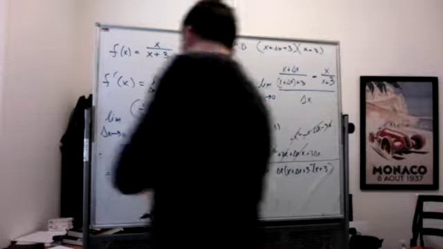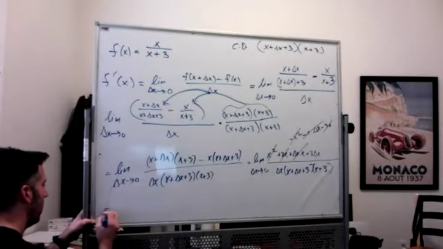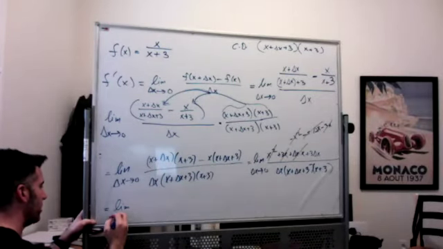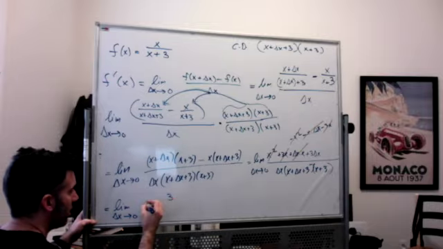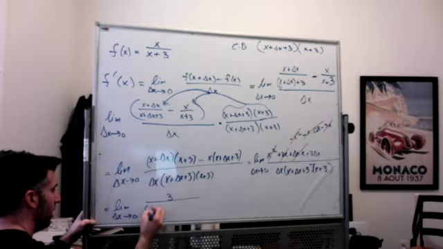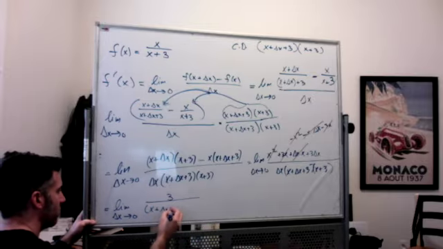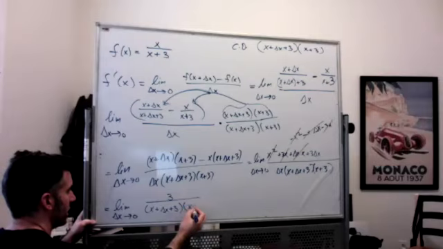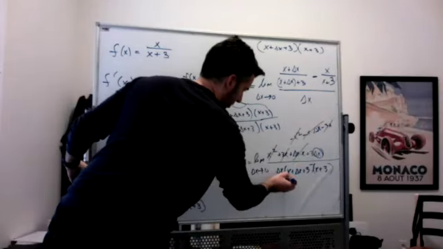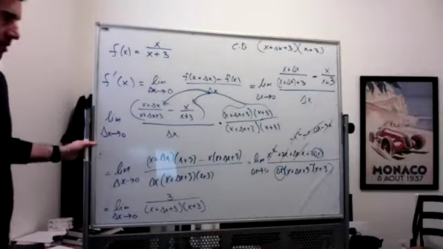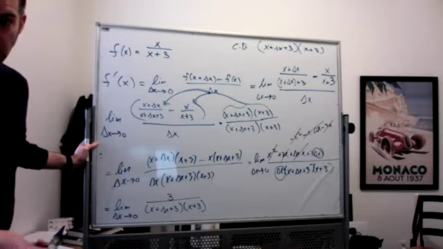So the next step, I have the limit as delta x goes to 0 of 3 over x plus delta x plus 3 times x plus 3, because we canceled this delta x with that delta x.